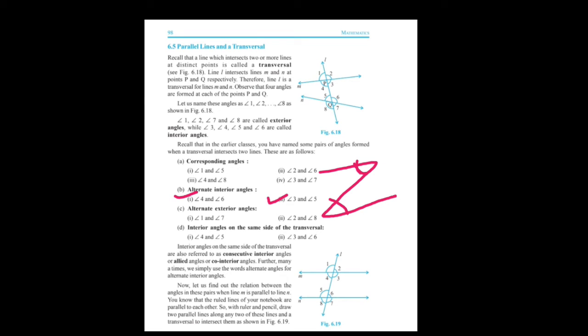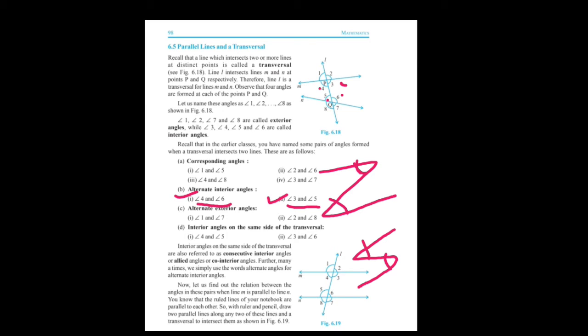Angle 4 and angle 6 is the first pair, and same like that, again a Z shape here, so angle 3 and angle 5. So angle 3 and angle 5 is the second pair, and the first pair is angle 4 and angle 6. So these angles are also congruent.